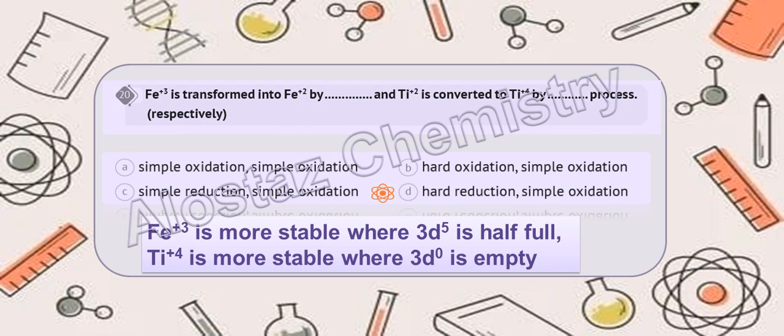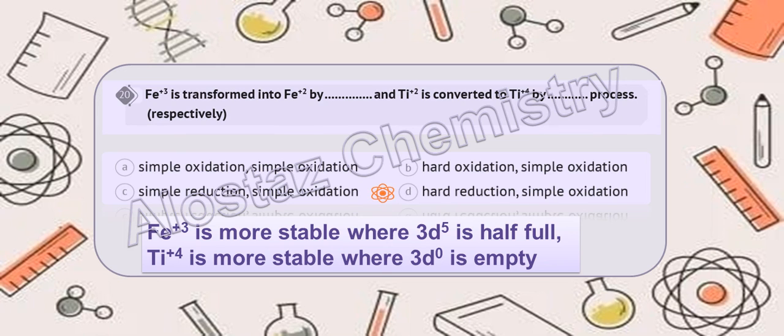If we want to convert from Ti +2, less stable, to Ti +4, more stable, we make simple oxidation. If we convert from less stable to more stable, we have oxidation. If we convert from more stable to less stable, we make reduction.